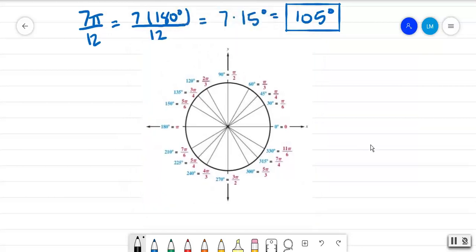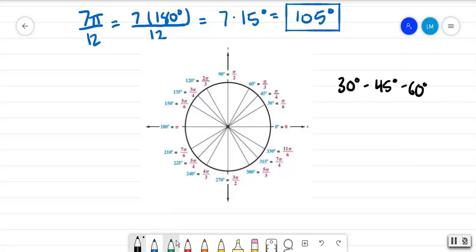In either case, one thing that you're going to realize is that there are special angles within the first quadrant: the 30 degrees, 45 degrees, and then the 60 degrees. The best thing to do is to figure out how exactly to convert 30 to pi over 6, 45 to pi over 4, and then 60 to pi over 3.